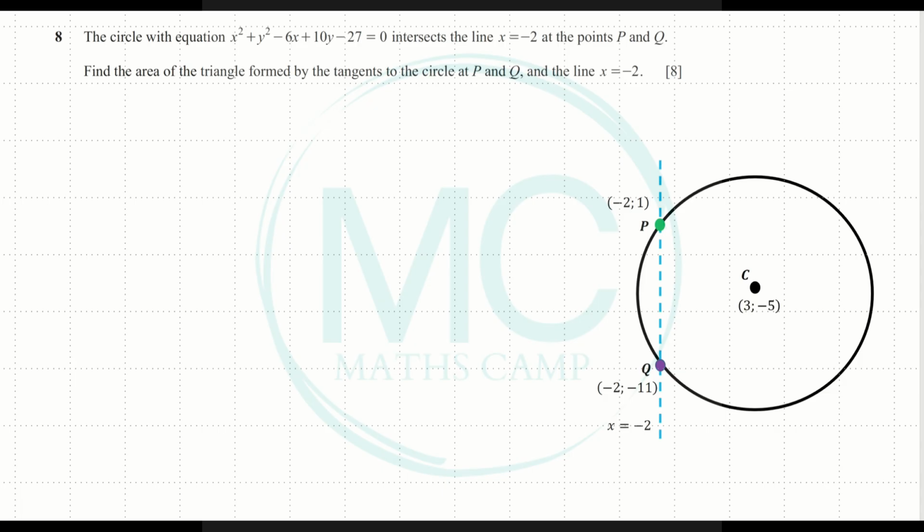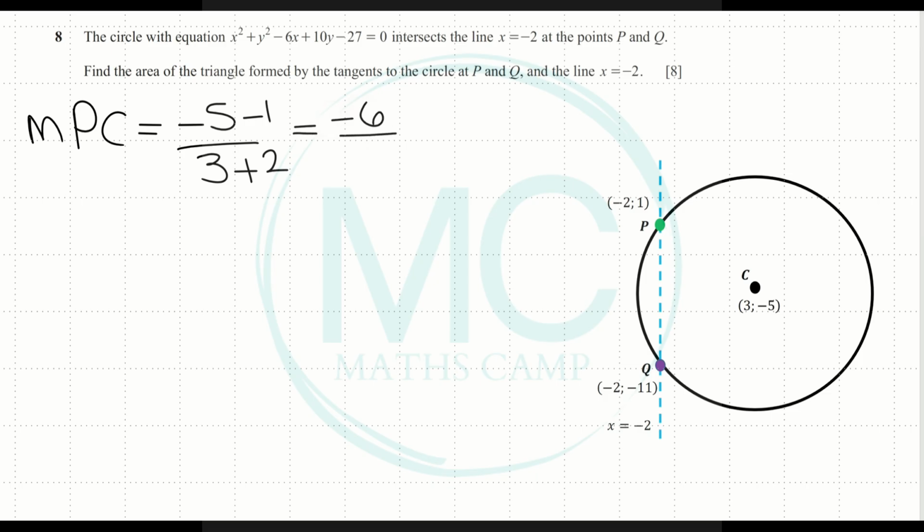Now I can use the gradient formula to find the gradient of radius PC. So I can say the gradient of radius PC is equal to, let's make P point 1 and C point 2, so I'm going to say negative 5 minus 1 over 3 minus negative 2, which gives me negative 6 over 5.